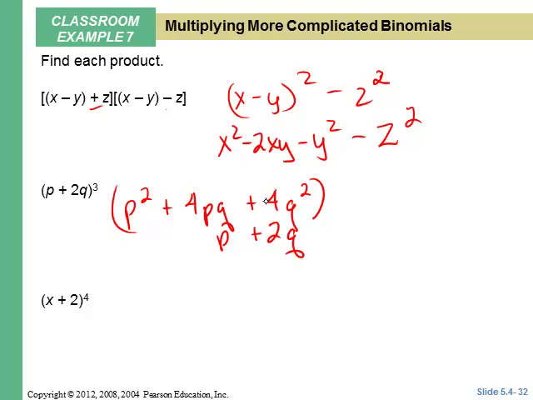Well, we would get p times p squared is p cubed. P times 4pq is plus 4p squared q.